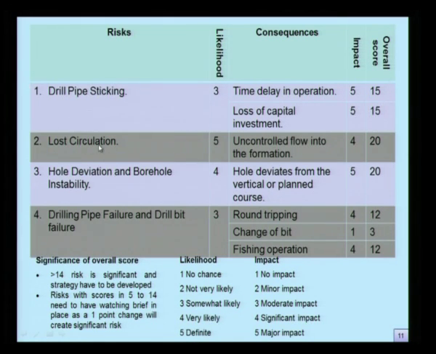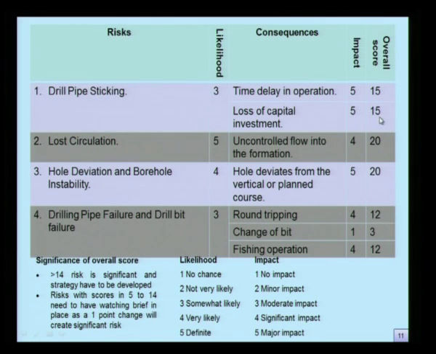If at all this happens, the consequence will result in uncontrolled flow into the formation, and the impact of that will be significant. Therefore, the overall score of lost circulation in a drilling failure analysis is 20, which is higher than that of drill pipe sticking.